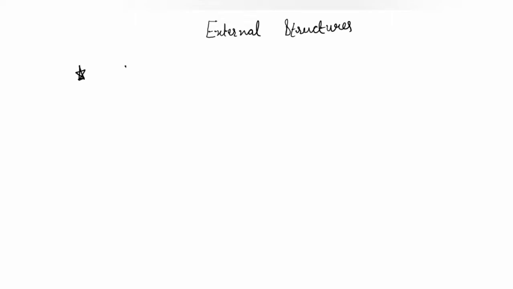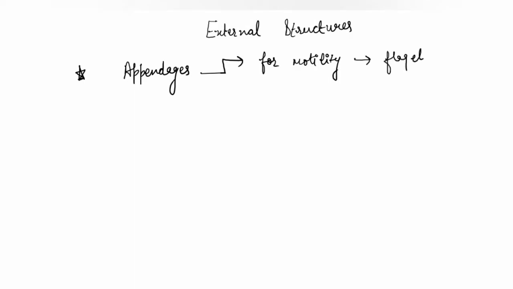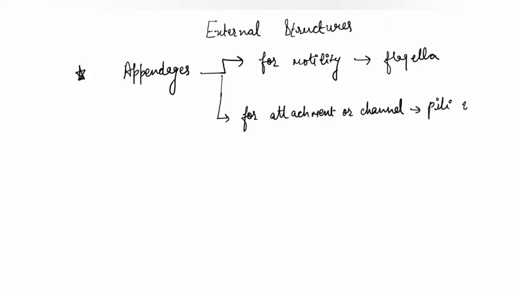Now we will start with the external structure. If we talk about external structure, we have appendages that are present outside the cell membrane. These appendages are for motility, that is flagella, which aid in movement, and for attachment, or we can say communication between the cells, or they act as a channel, that is pili, cilia and fimbriae.